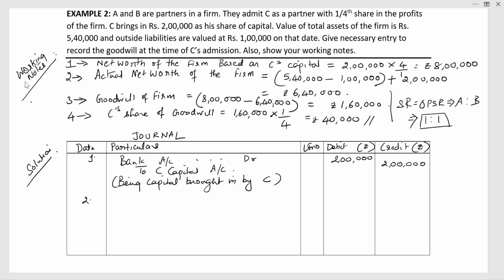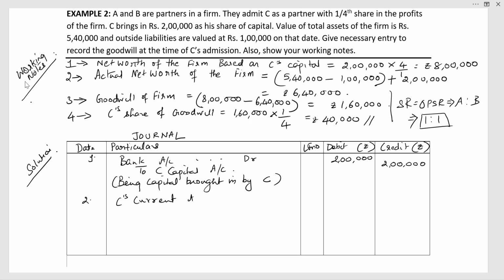The second entry, C share of goodwill is equal to rupees 40,000, but there is no information in the question that C brings in his share of goodwill in cash. So we'll have to treat goodwill by debiting it to C's current account.